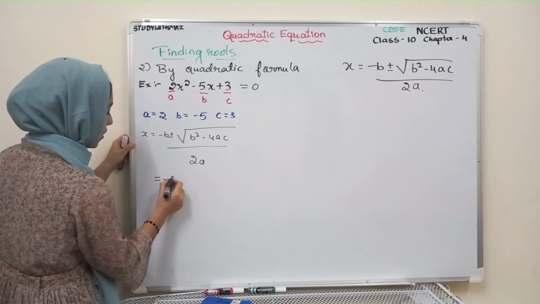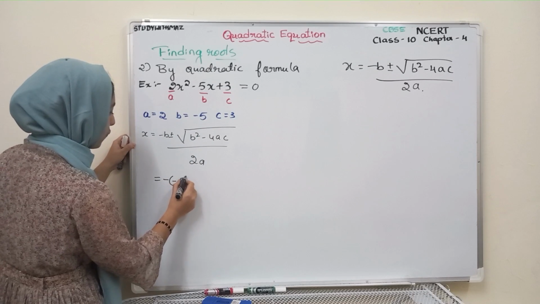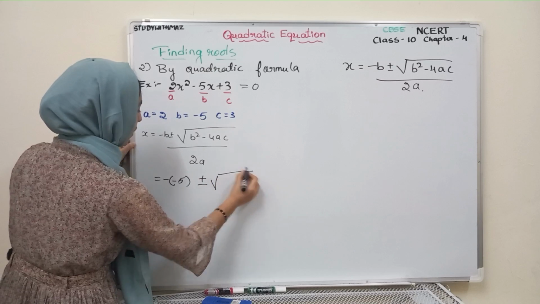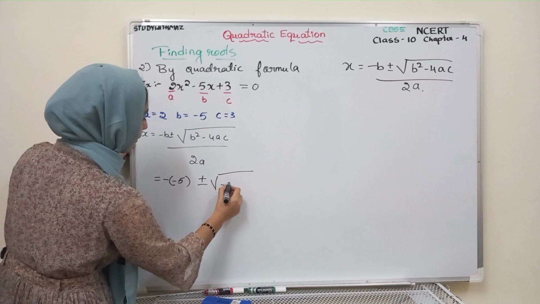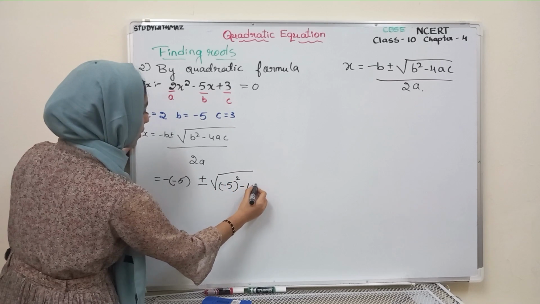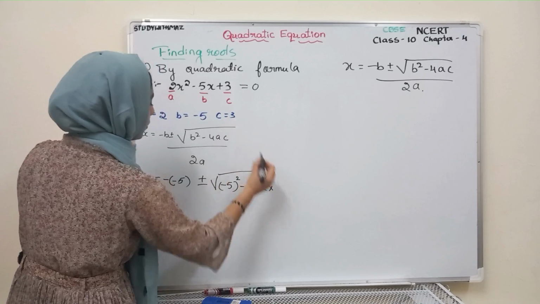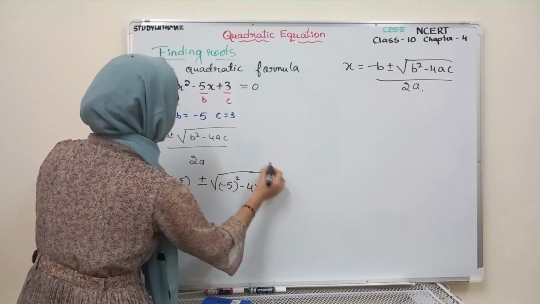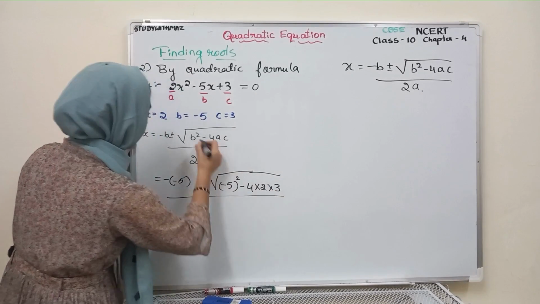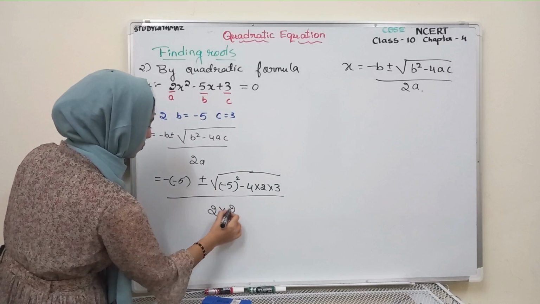So minus of your b, which is minus 5, becomes minus of minus 5 plus or minus square root of b square, meaning minus 5 square, minus 4 into a, which is 2, into c, the c value is 3, all divided by 2a, which is 2 into your a, 2.